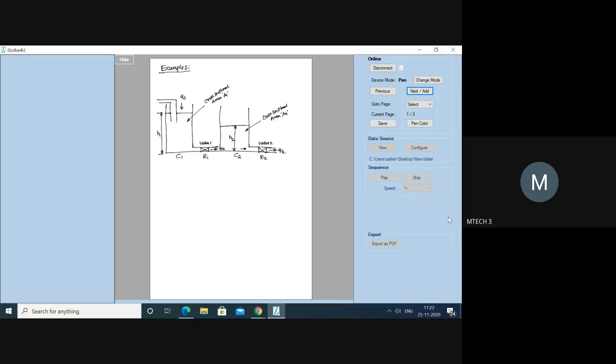The figure illustrates the hydraulic system.